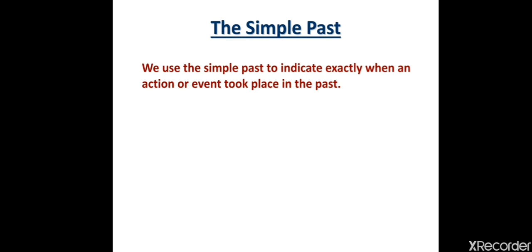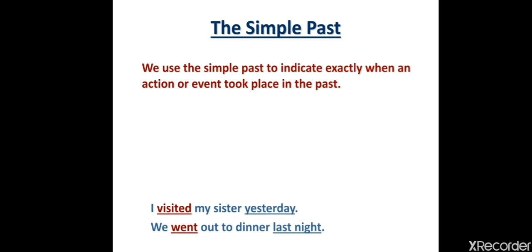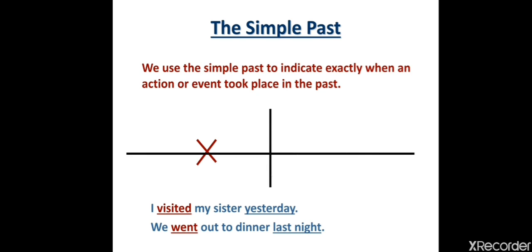Now, today, let us see simple past. Already we have seen the expression of simple past when we discussed present perfect. It also denotes the same action which happened in the past, but along with that we mention the exact time of the event when it took place in the past.